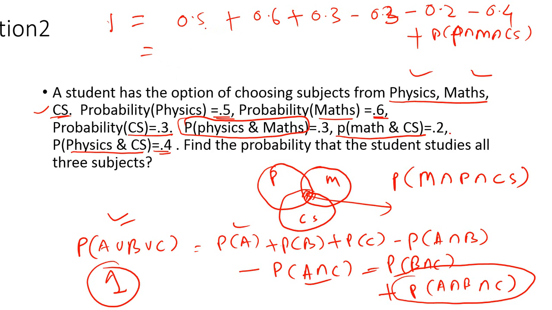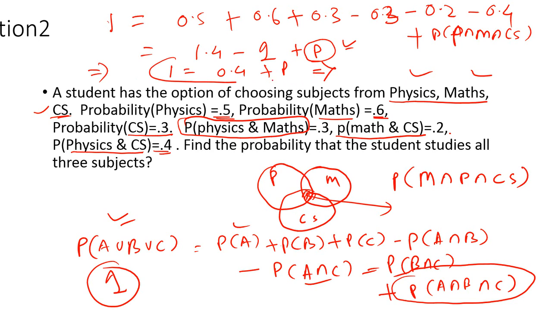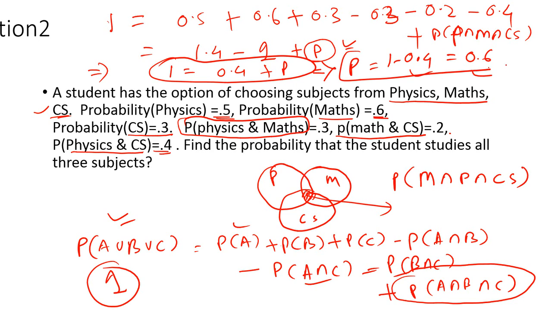So if you add this up, this is 1.4 minus 0.9 plus P, okay, we'll just denote it as P. This is what we want. Okay, so this is 1 equal to 0.5 plus P. So if we solve this equation, we get P equal to 1 minus 0.5, which is 0.5. So the probability that somebody will choose all 3 subjects, physics, maths, and computer science, is 0.5.